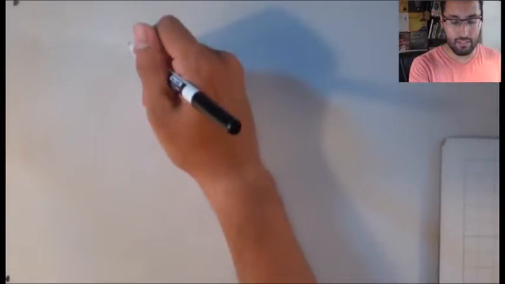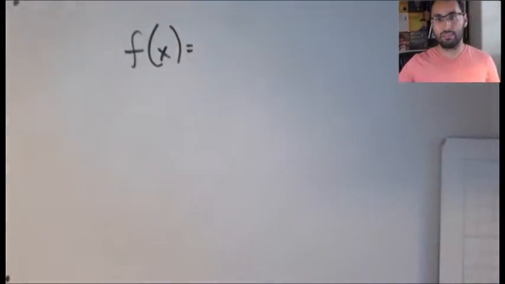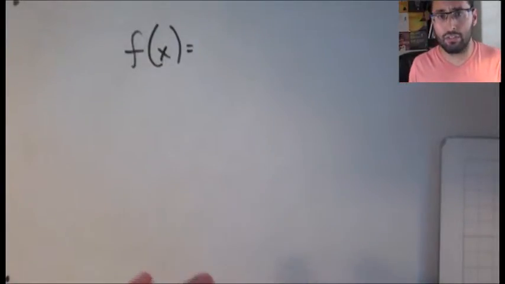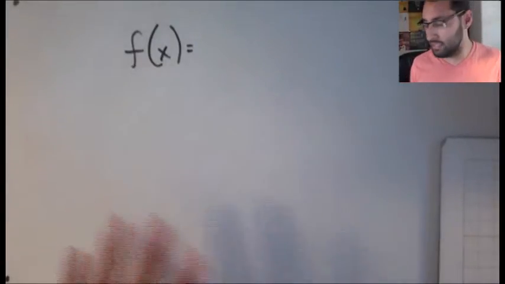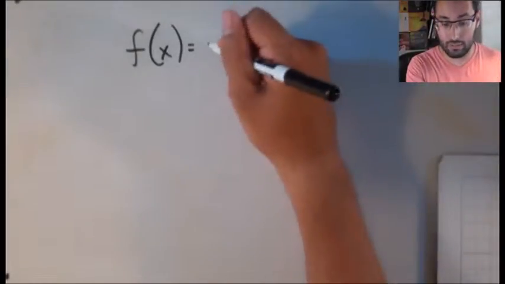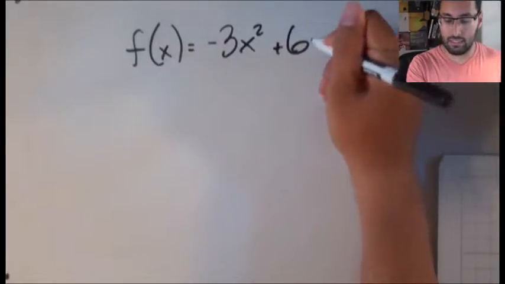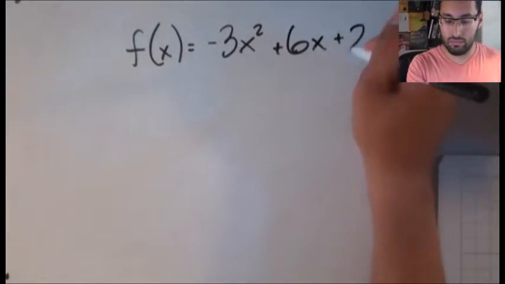And this next problem, this is our last problem, I would recommend pausing the video, trying to graph it yourself, and then replaying it to see if what you graphed is accurate. Okay, so we have f of x equal to -3x squared plus 6x plus 2.